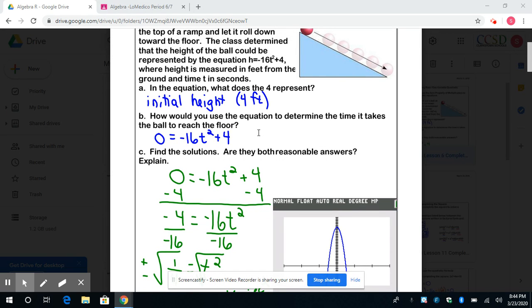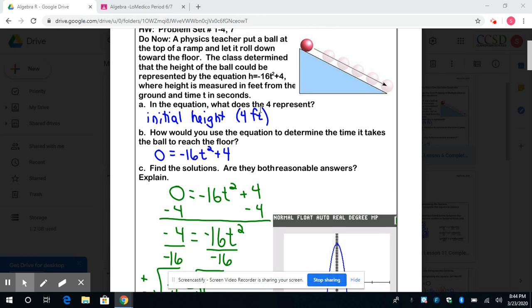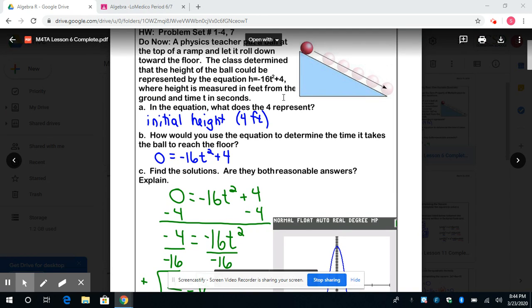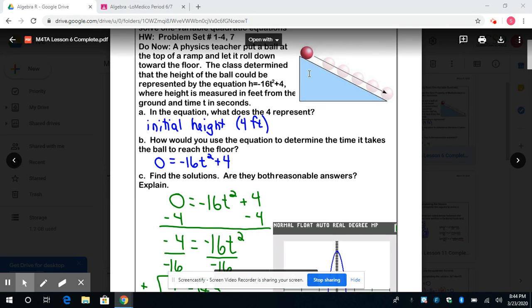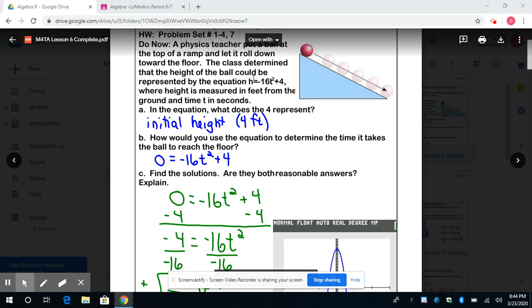What would you use the equation to determine, the time it takes the ball to reach the floor? Well, if it's going to reach the floor, then that height of that ball, that h value, has to be 0, right? When the ball gets to the floor, the height is going from 4 maybe to 3 to 2 to 1.